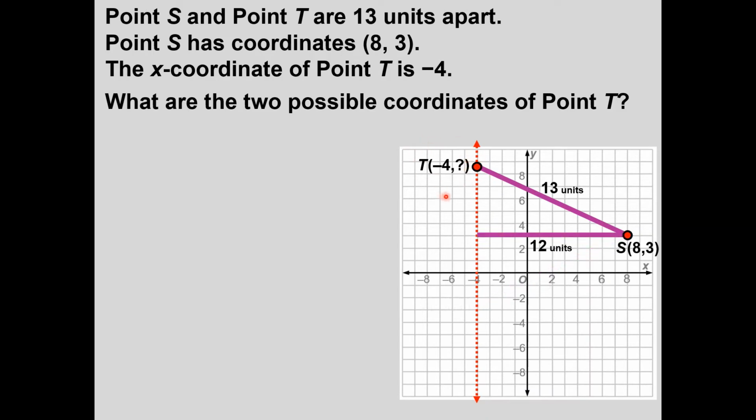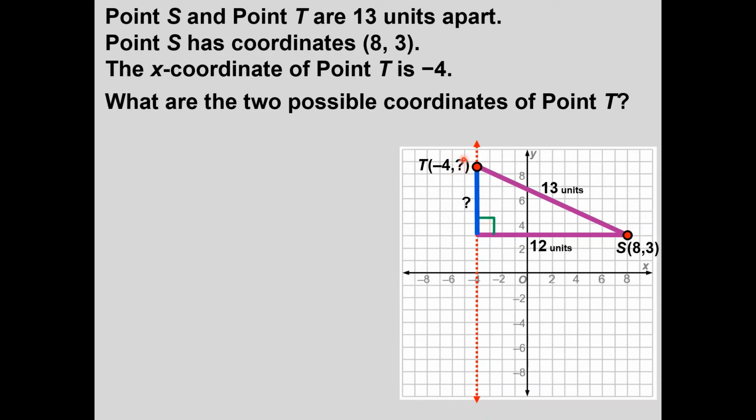Now, the one thing we don't know about point T is how high up it is. But we can figure that out, because if you look very carefully here, there's a right triangle. So fill that in. Here's my right angle. And if we want to know how high up T is, we can find this distance here using the Pythagorean theorem.